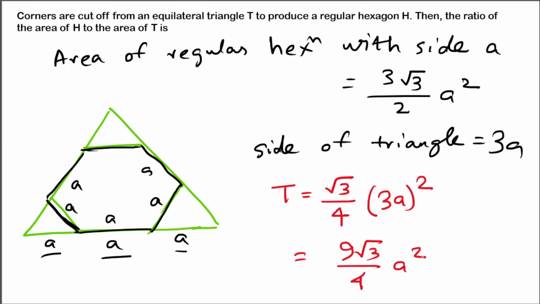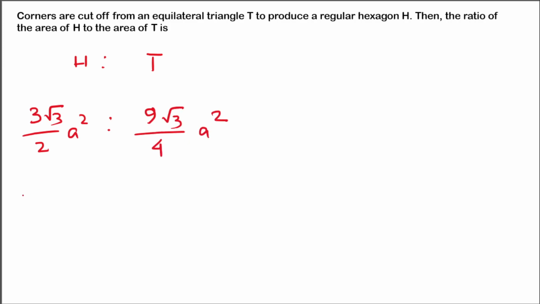Now we have H and we have T. H is 3 root 3 by 2 a square and T is 9 root 3 by 4 a square, right? So first of all, this a square gets cancelled, these 2 and this 2 get cancelled, this root 3 gets cancelled, and this 3 gets cancelled. So our answer finally becomes 2 is to 3.